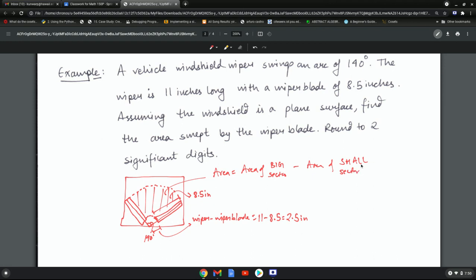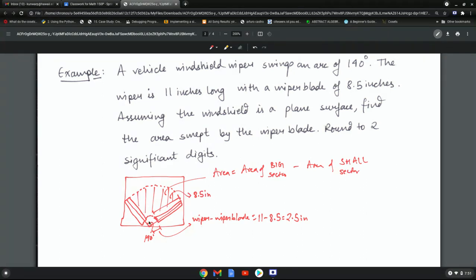What do I mean by big sector, small sector? Because this shape, the shaded one, is not exactly a sector, it can be seen as the area between two arcs, the arc made by the top of the wiper and the bottom of the wiper blade.